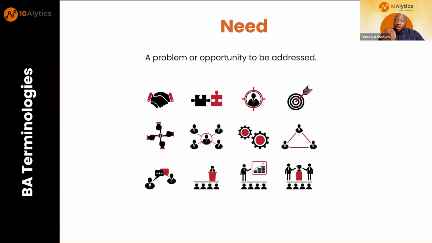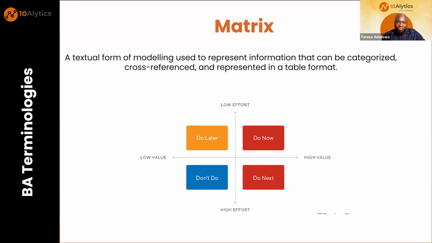We're referring to an opportunity or a problem. So in business analysis, we don't call it a problem or an opportunity straight up. We say it is a need, or more or less a business need that we need to address, that opportunity that we need to address and create a product or a solution out of.